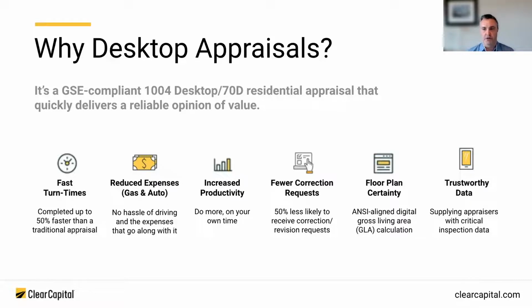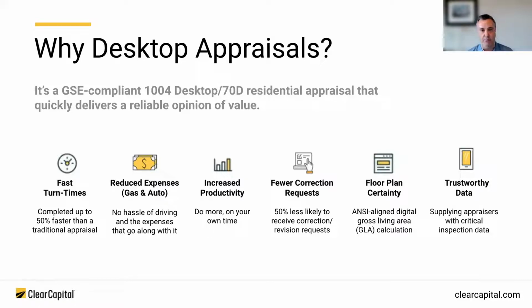Another one is increased productivity. You as the appraiser don't have to spend your time scheduling appointments, working with borrowers or listing agents, and working around their schedules. These can be completed on your time, which I think is very valuable to proper work-life balance. You can schedule or accept these assignments based on your time.